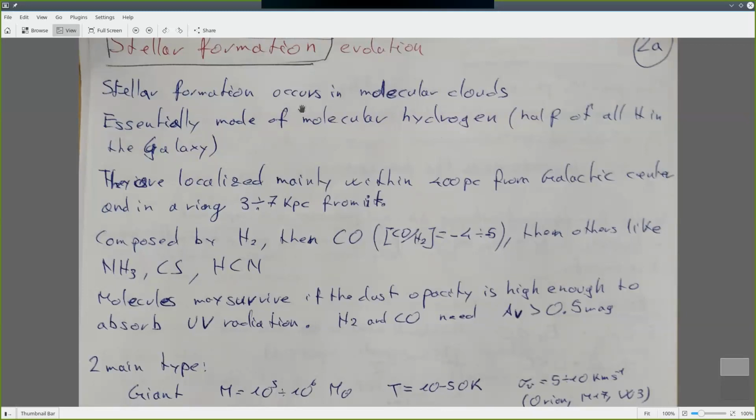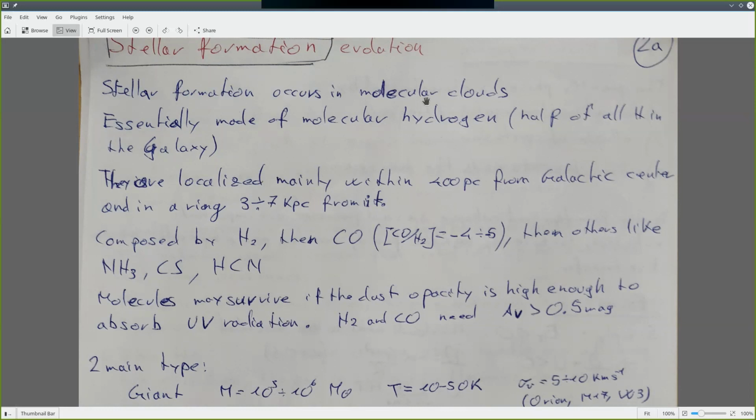Star formation, that is quite well known, occurs in molecular clouds. The molecular clouds are mainly composed, obviously, of hydrogen, molecular hydrogen, that is the most abundant element.